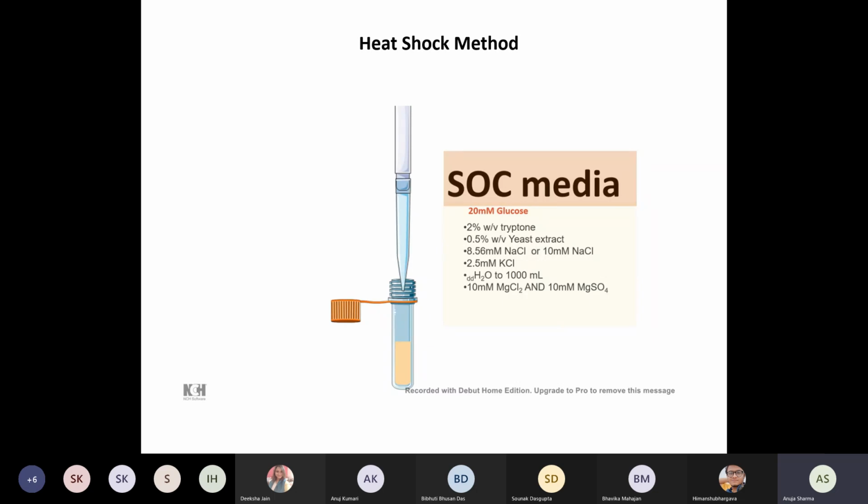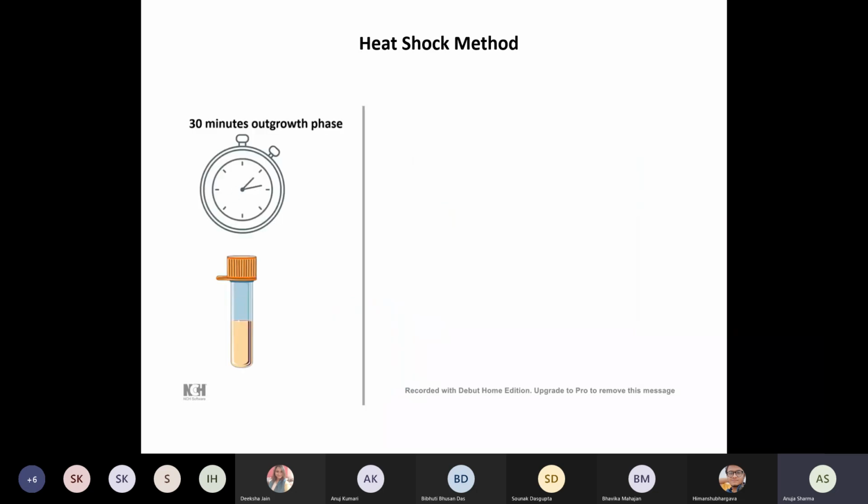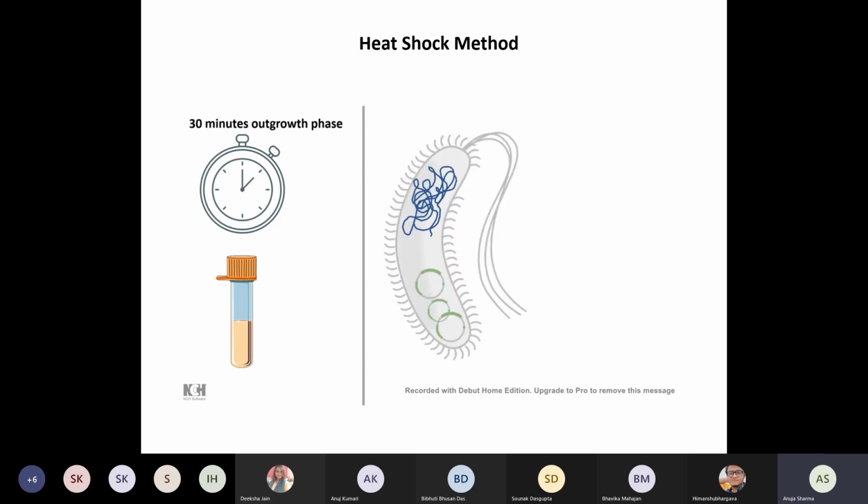For the antibiotic resistance to work, we need to give the bacteria enough time for the antibiotic resistance protein to be formed. So we incubate the bacteria for 30 minutes or so, which gives the bacteria sufficient time to produce the product of the antibiotic resistance gene.